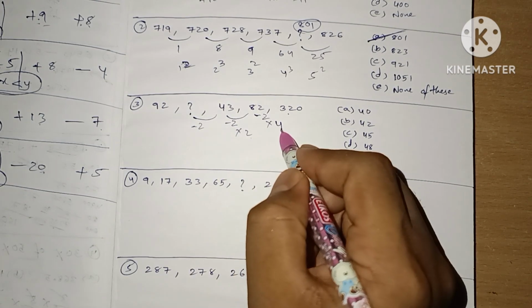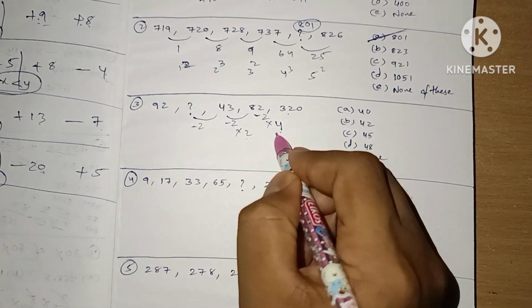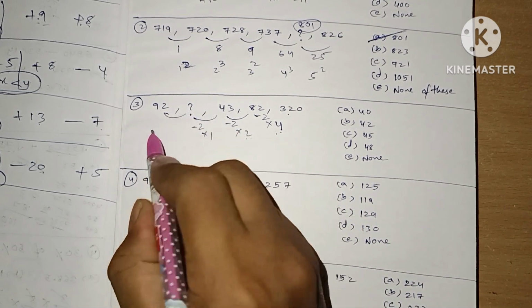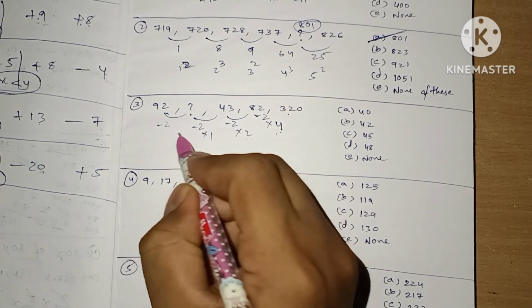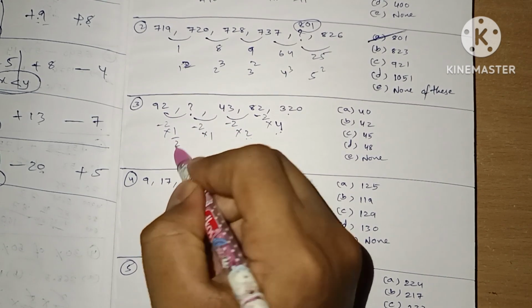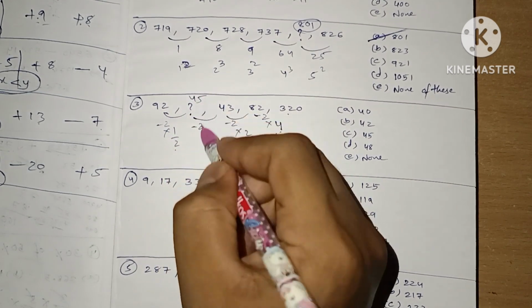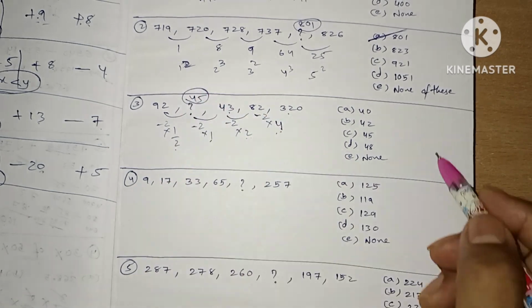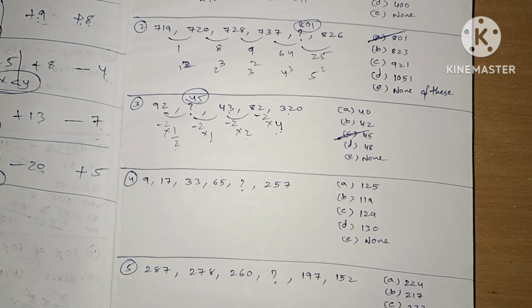After that, this becomes 2, becomes 4. So it must be into 1 times. Here it must be minus 2 first, after into half. So 90 into half will be 45. 45 minus 2 will be 43. 43 1 times is 43. So answer will be 45. Option C is our answer.